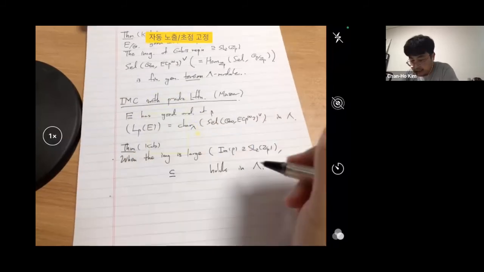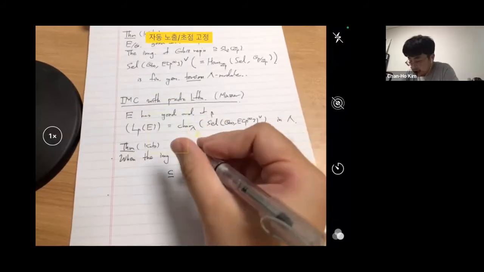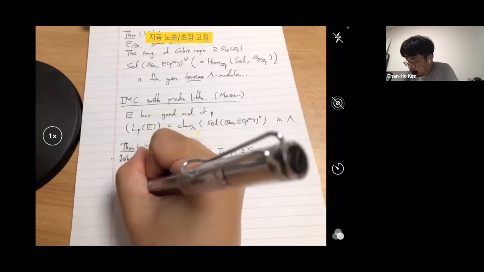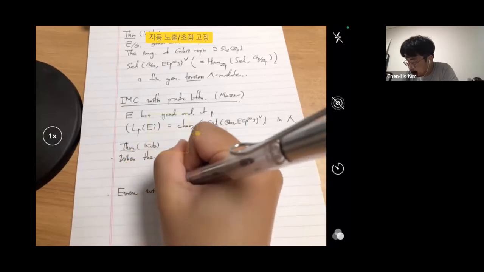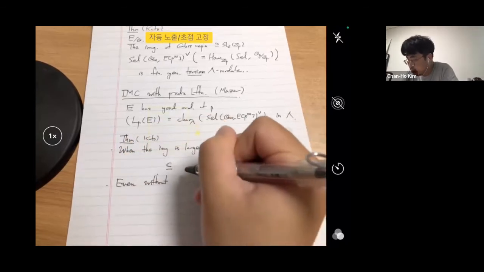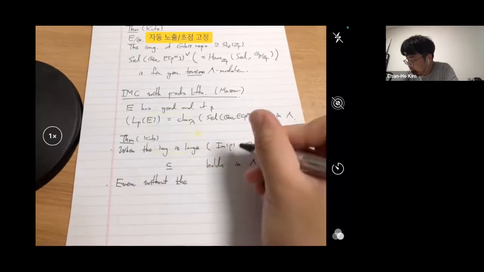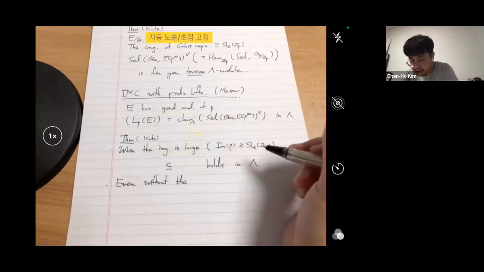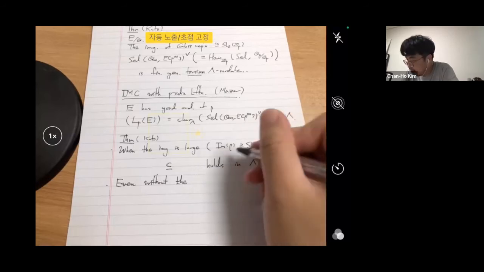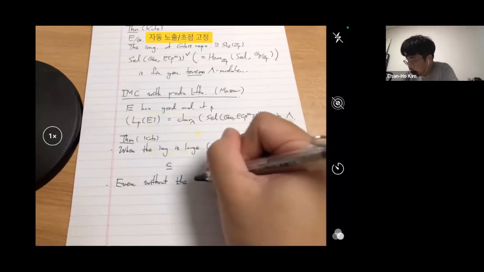But even without this image assumption, we still have the one inclusion, but after inverting p.